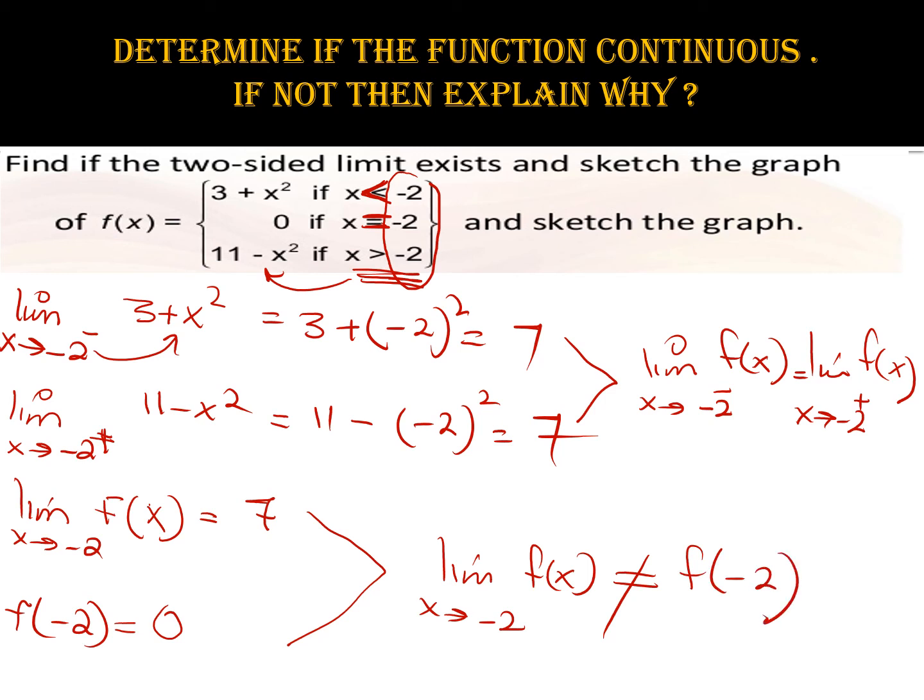It is not equal because the value of the limit is 7 and the value of the function is 0. Which means if either of the situations is not satisfied, you can say that the function is discontinuous at -2. So I hope that you understood this question also.